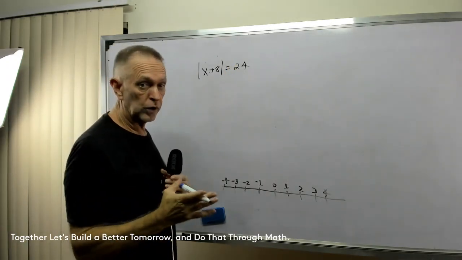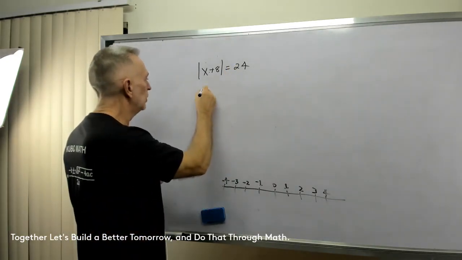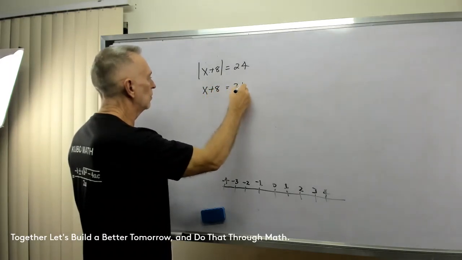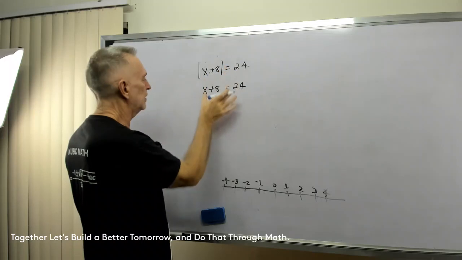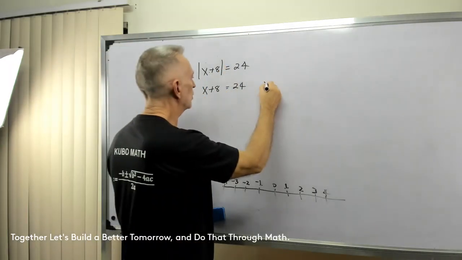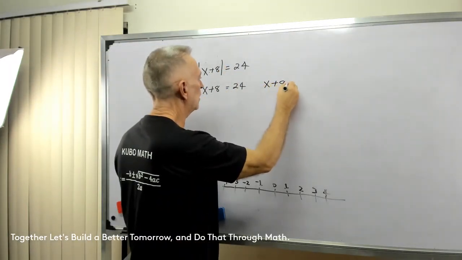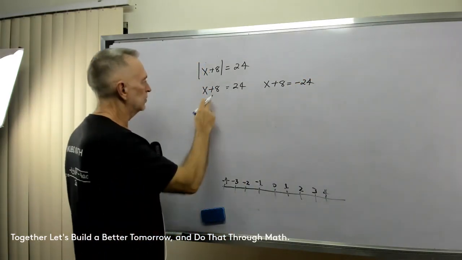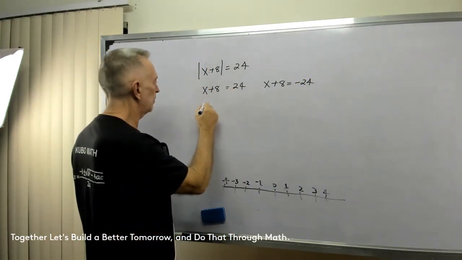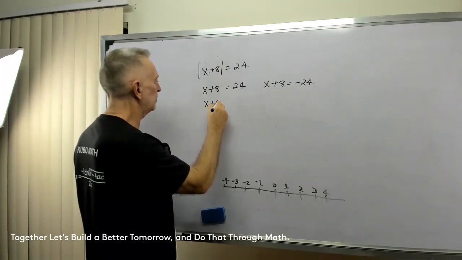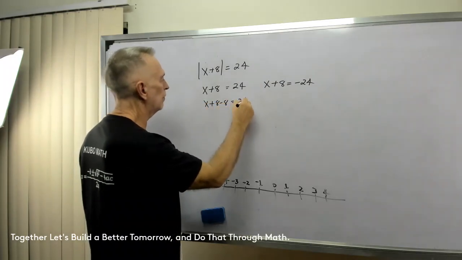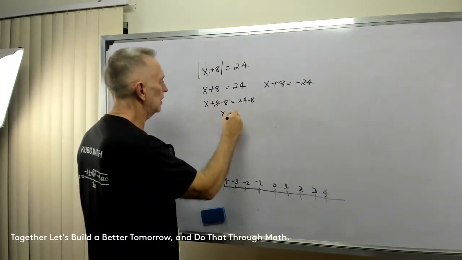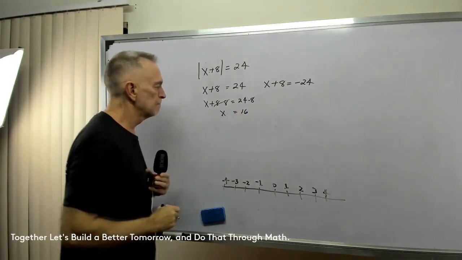Well, according to the rule we just used, we're going to drop the absolute value signs and write the problem as it's stated, and then we're going to say x plus 8 equals -24. All right, so if we subtract 8 from both sides, x plus 8 minus 8 equals 24 minus 8. These cancel, so x equals 16.